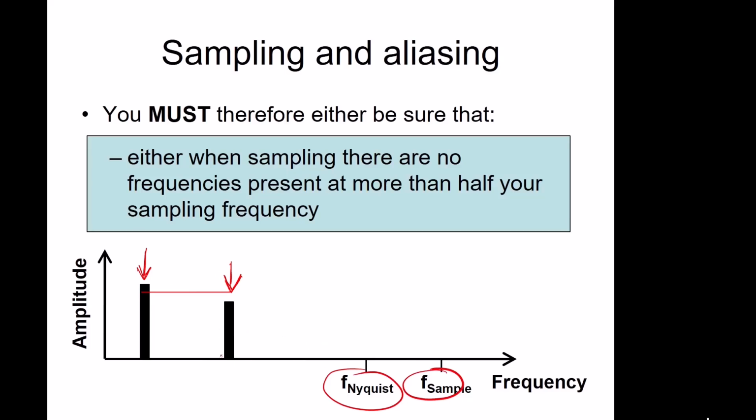If you sample at least twice of this, but not twice of this, then this frequency will still be in your signal, but appear at a lower frequency. So the situation can get very confusing. So one option is to just see what any frequencies are in your signal, pick the highest frequency, and sample it at least twice that frequency.